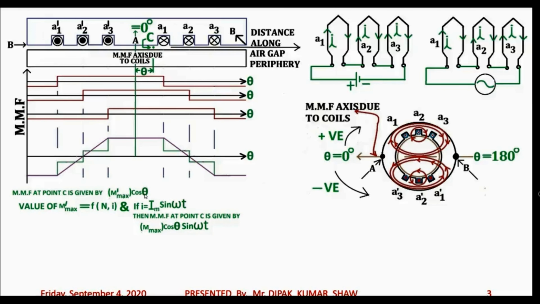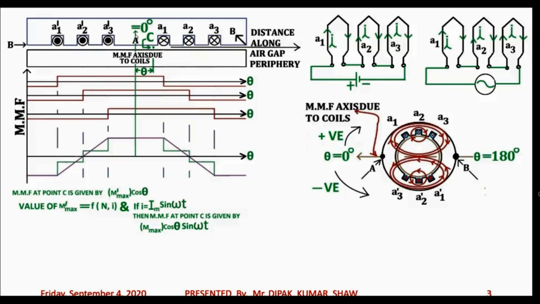So why are we saying M dash max into cos theta? What is the justification for saying this? We are saying that MMF at point C is given by M dash max into cos theta. What is point C? Point C is a point in the air gap which is theta degree away from the reference axis which is passing through the point A on the stator core.